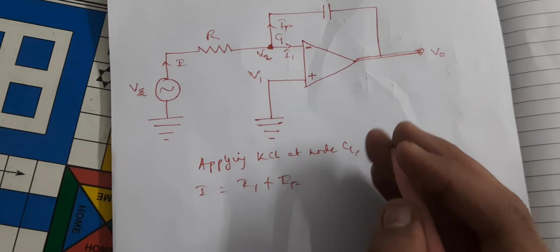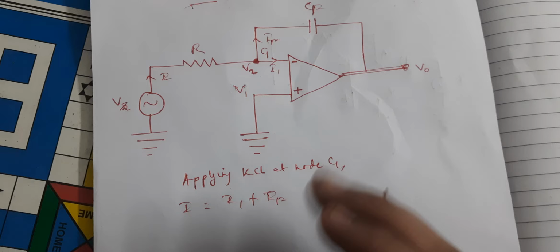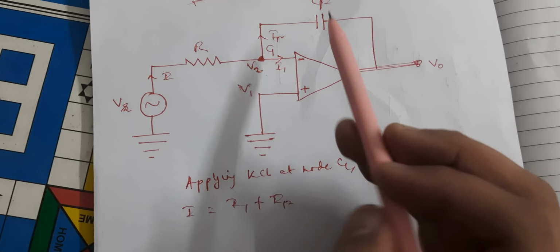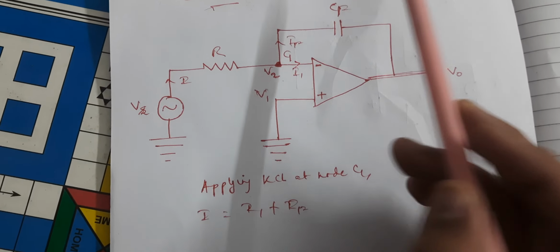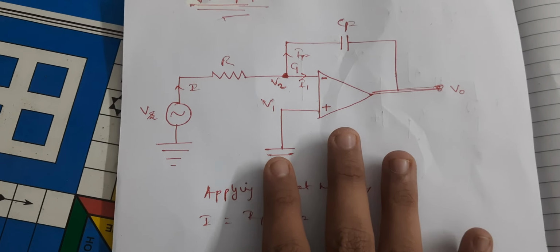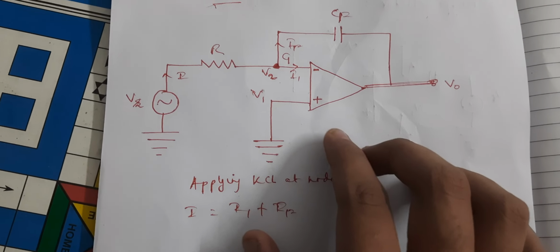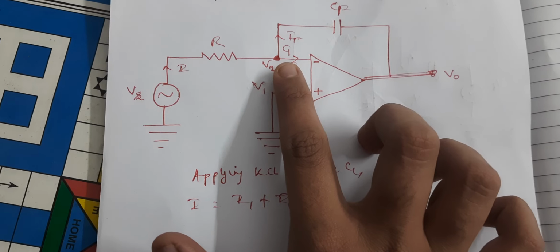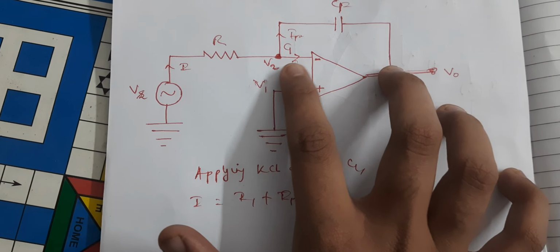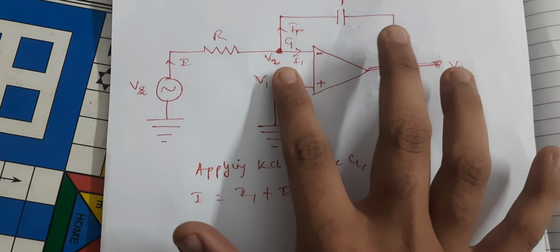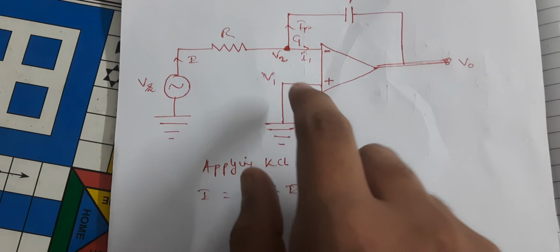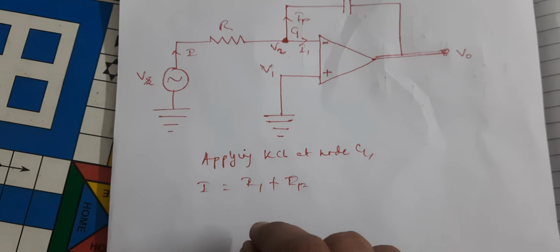As we know from the previous sections, an ideal op-amp has I1 equal to 0. That means the input current will be 0. Why?